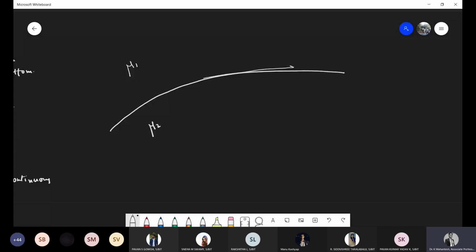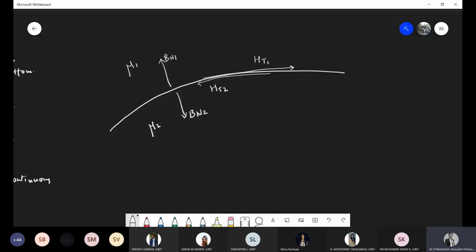This is one and this is another tangential surface. These are the only two cases. This is HT1 and this is HT2. And normal, I'll be trying to get it in this way. This is BN1 and BN2.